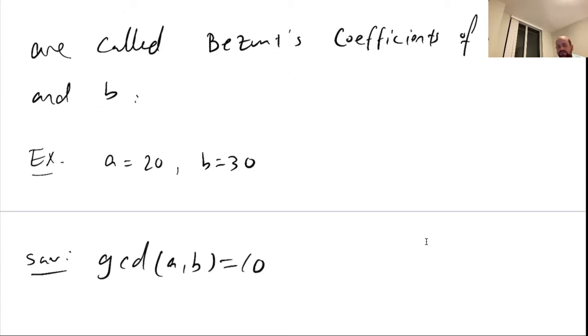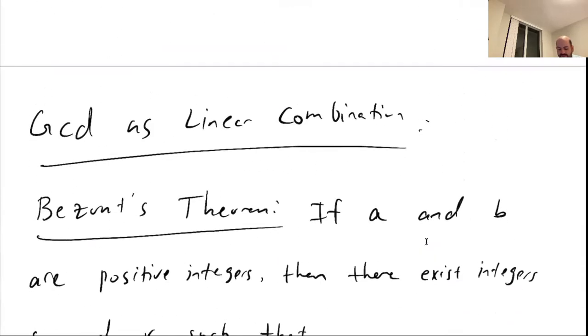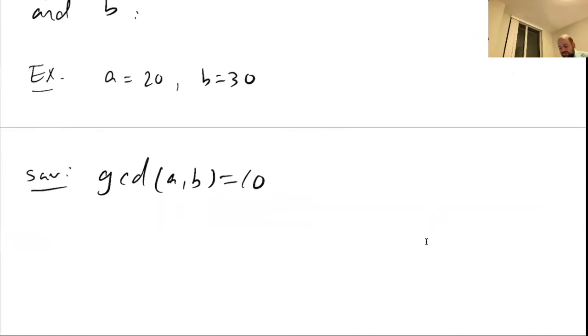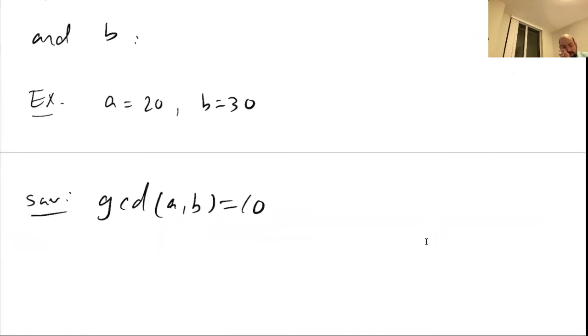Now the question is, can I write this GCD as a linear combination of A and B, meaning A times a constant plus B times a constant, and I get the GCD? Bezout's theorem says yes, you can always write the GCD as a linear combination of A and B. We won't prove it, so we skip the proof, but we will see an example of this theorem and also some applications. We'll prove the applications, but not the theorem itself.